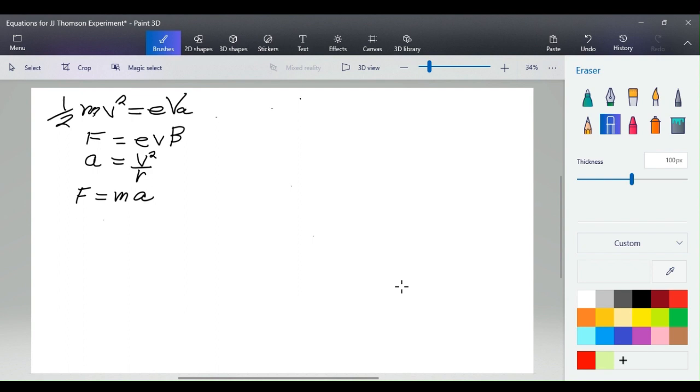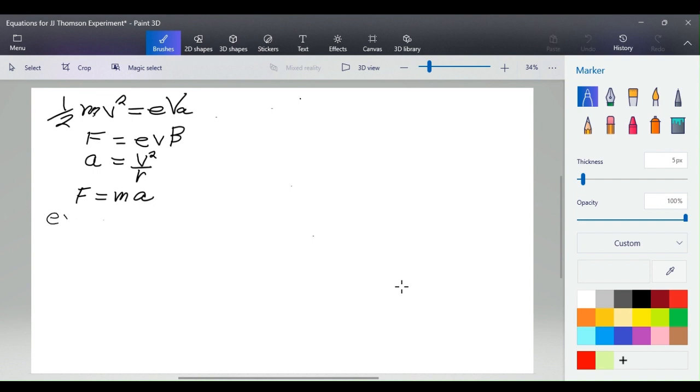Now let's see if we can start putting some of these pieces together. Okay, the force equals mass times acceleration. So I can put this evB as the force. There's the e, that is the charge of the electron.